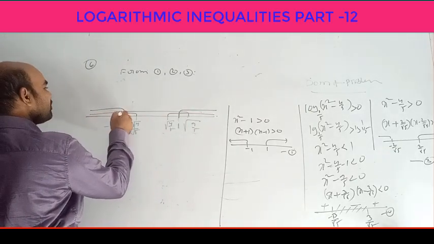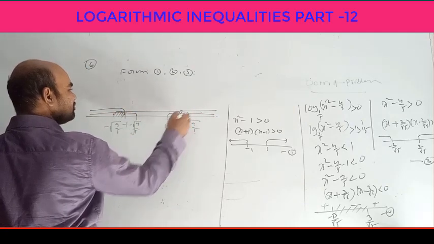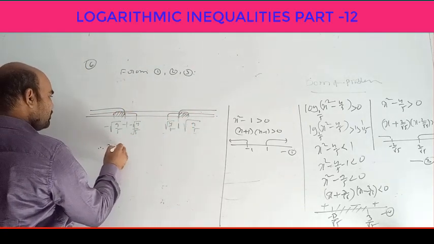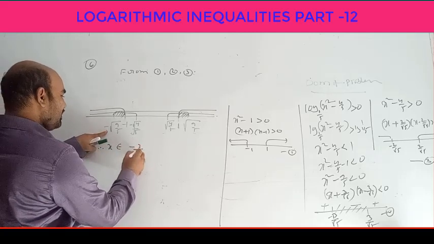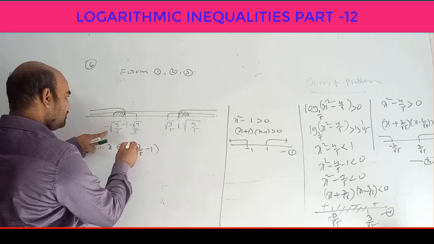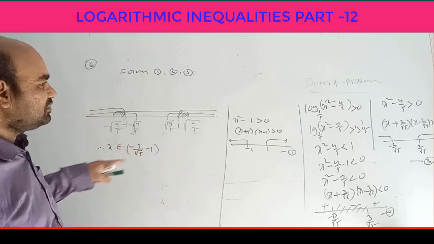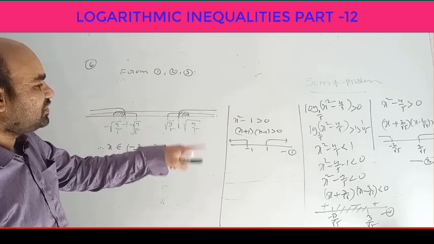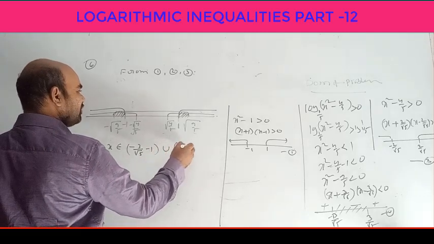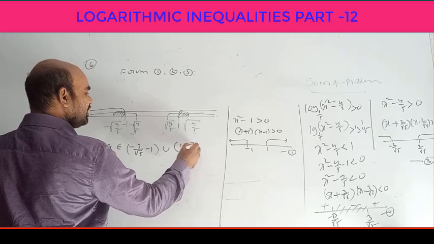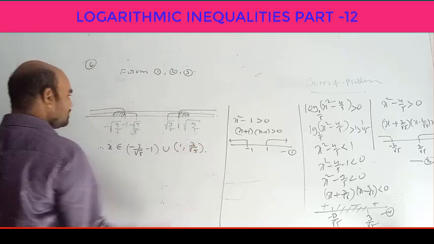This is the common part. This is the final solution. Therefore x belongs to minus 3 by root 5 to minus 1, union, all open circles only, no equalities, union 1 to 3 by root 5. This is the solution of the problem.